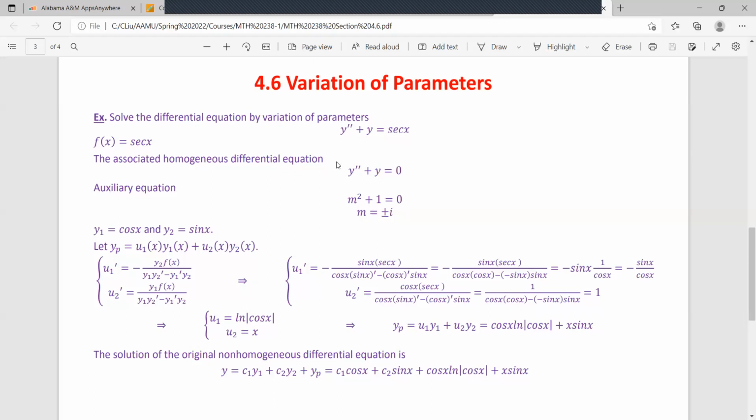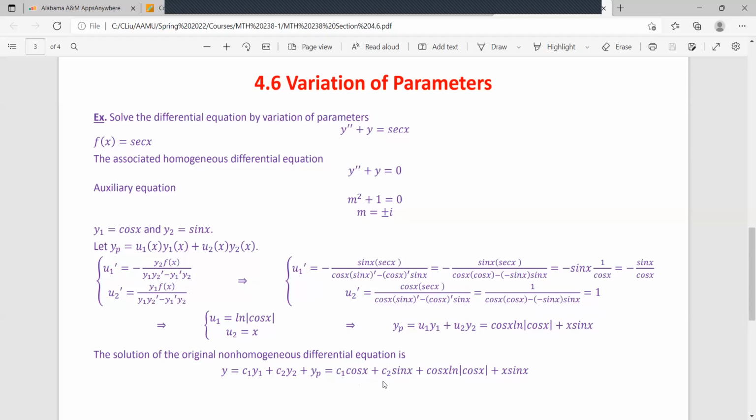Then you just add the general solution of the associated homogeneous equation, which is C1 y1 plus C2 y2, and then add this particular solution yp. So the whole thing is just C1 cosine x plus C2 sine x plus cosine x natural log absolute cosine x plus x sine x.